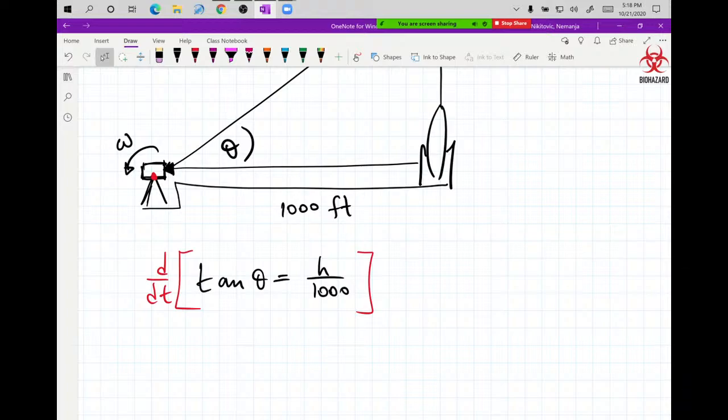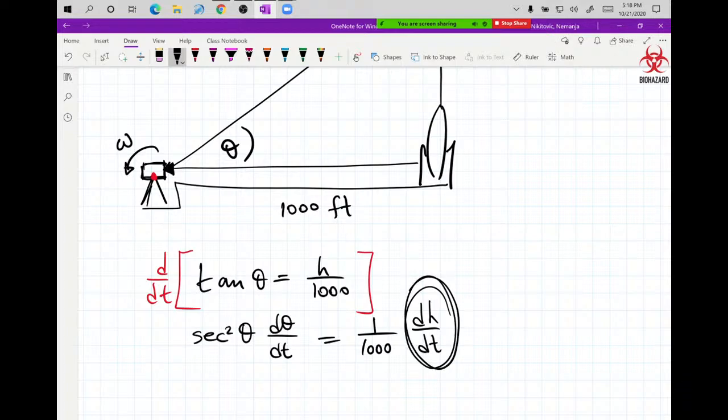Taking the derivative, what's the derivative of tangent? Very good. And then we have to follow with d theta dt because we took the derivative of theta with respect to time. That's not the same variable, so we have to follow with the chain rule, implicit differentiation, right? On the other side, we have 1 over 1,000. That's a constant. And the derivative of h is dh dt.